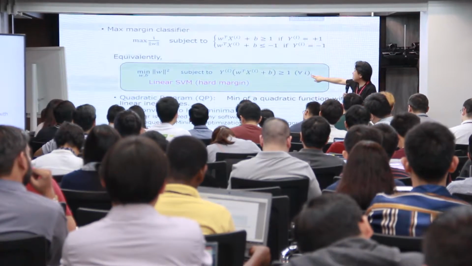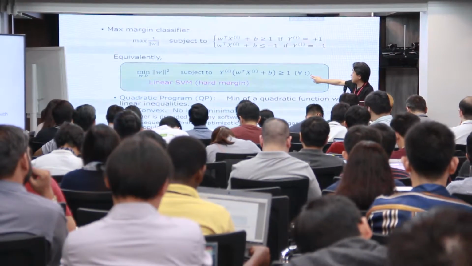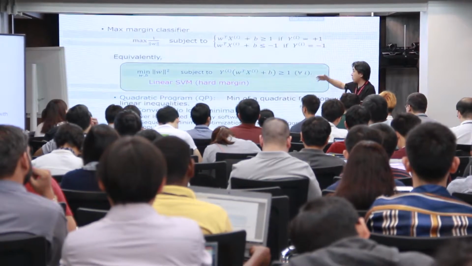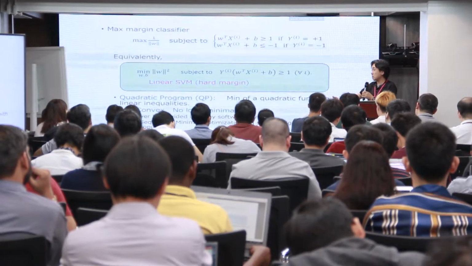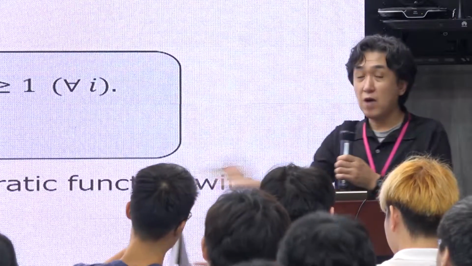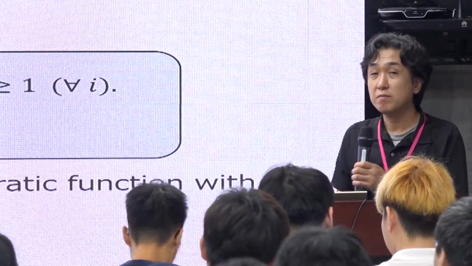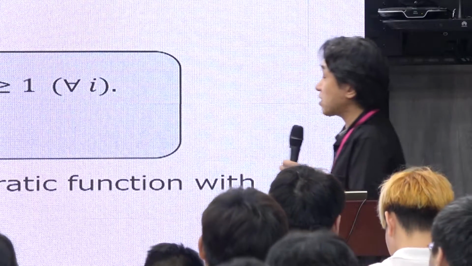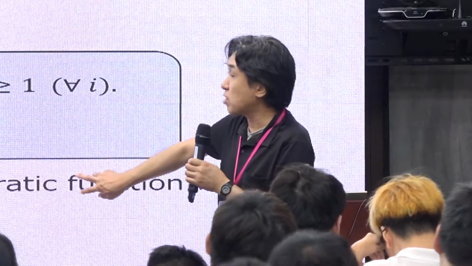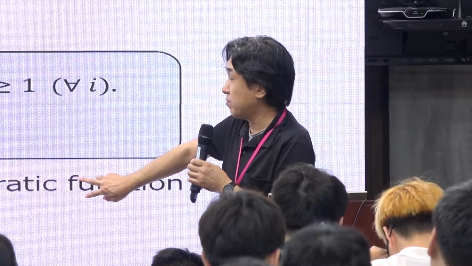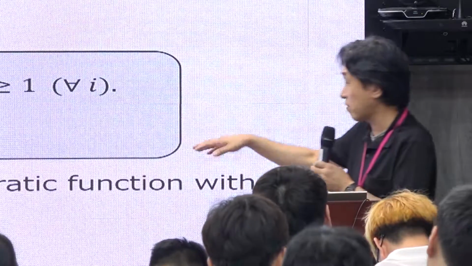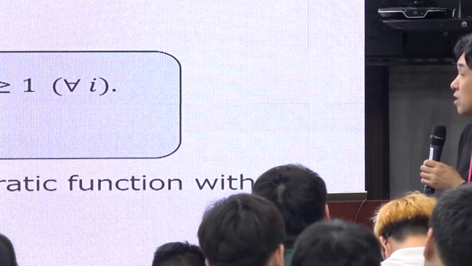There are n data points, so n inequalities, and each of them defines an inequality given by one side of a hyperplane. Okay? So this type of optimization problem is called a quadratic program, because the objective function is quadratic and the constraints are all given by linear inequalities.